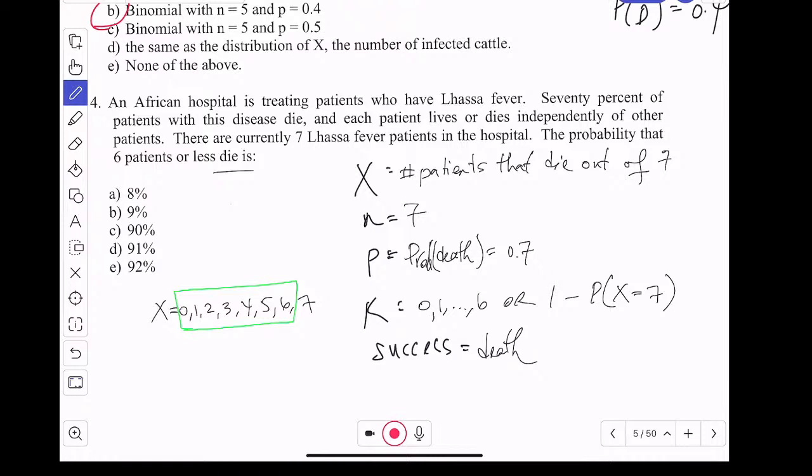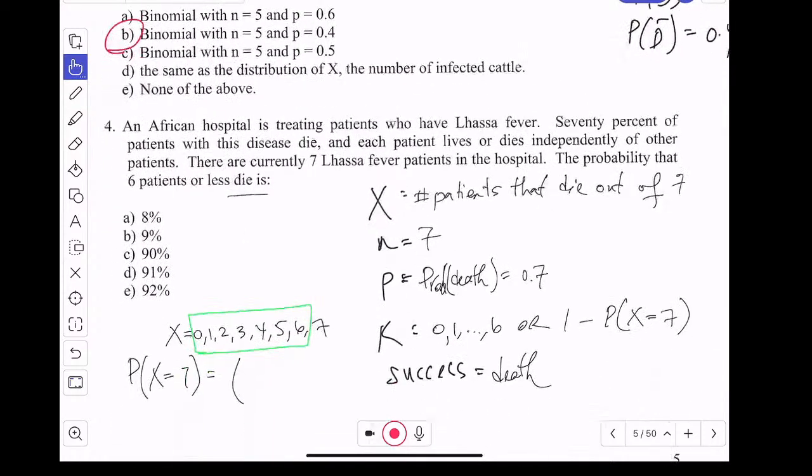So to get the probability that 7 die, then we use that formula that we have above. Or just our logic. Let's just use our logic.